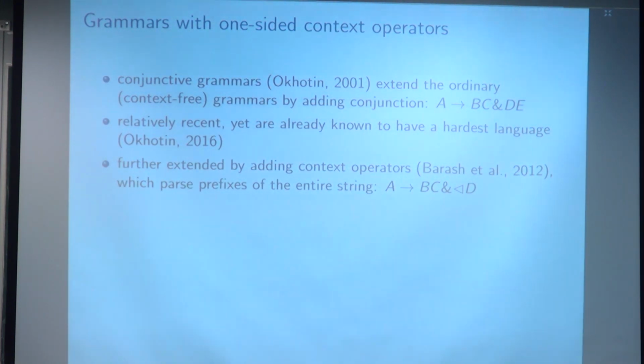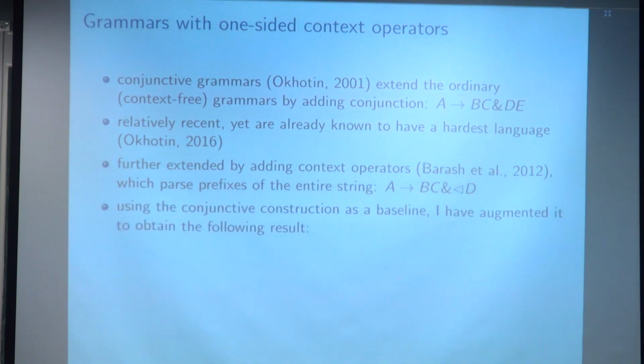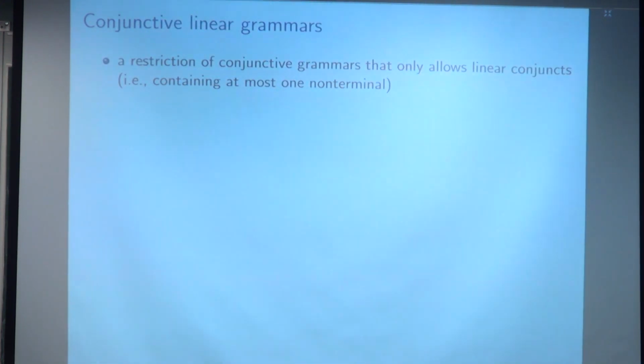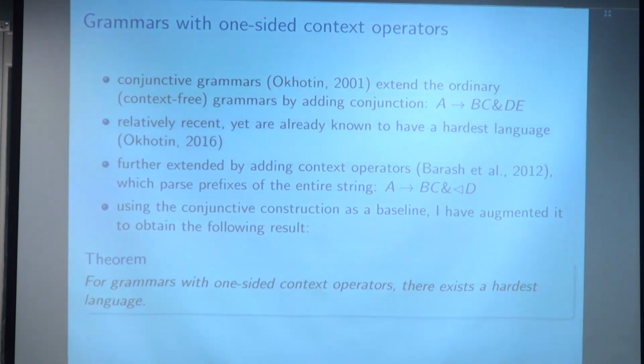It is an extension which allows us to check the substring left of the substring we are currently parsing. And using the already known construction, I have modified it to obtain a positive result for languages with one-sided contexts.